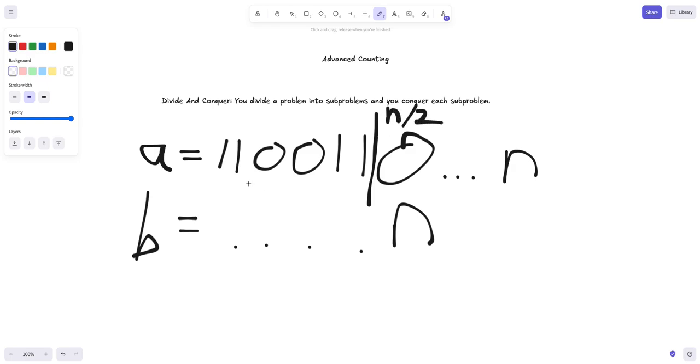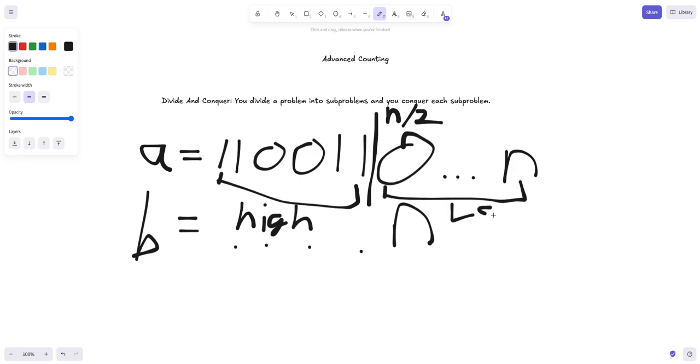This is going to be the high portion, and this portion is going to be the lower portion. And it's going to be the same way for b as well.